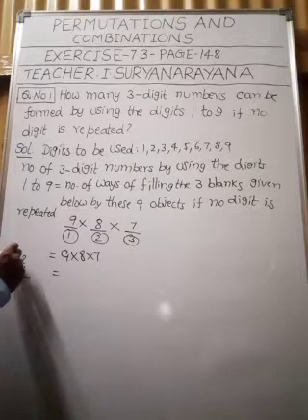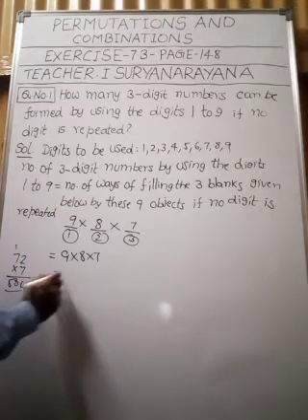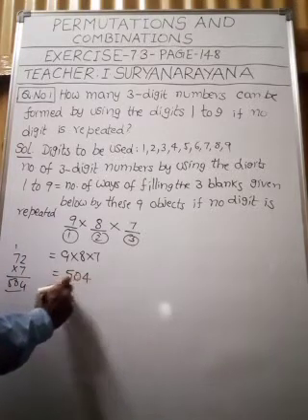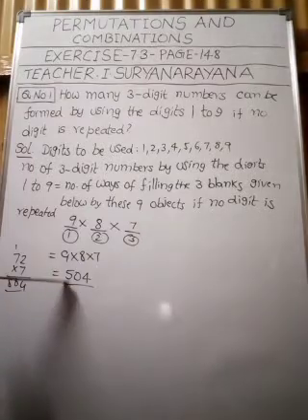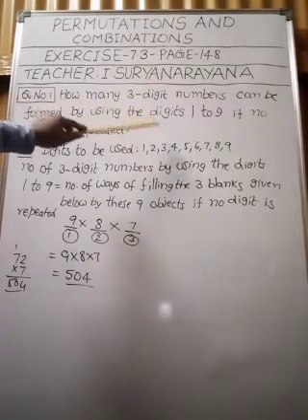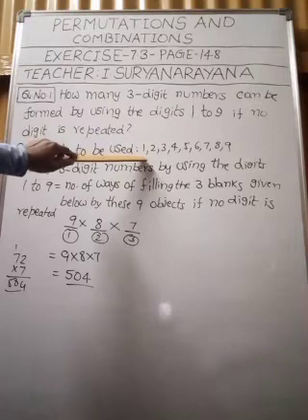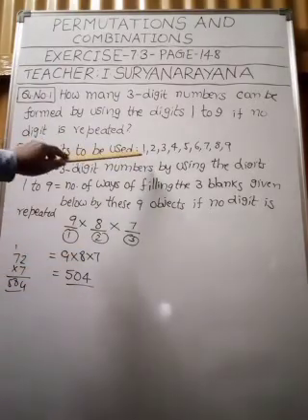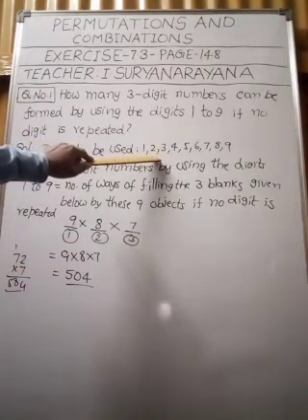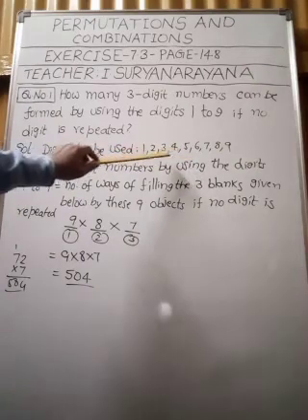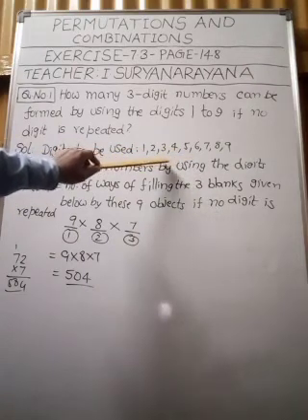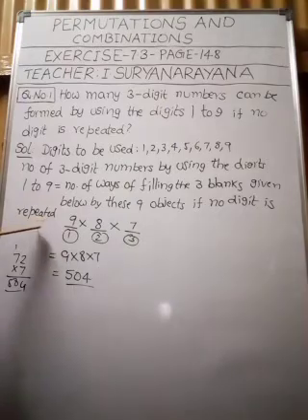Multiply these 3 numbers. So 504 3-digit numbers can be formed by using these 9 digits without repetition.